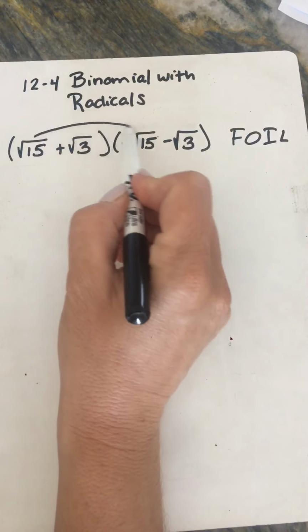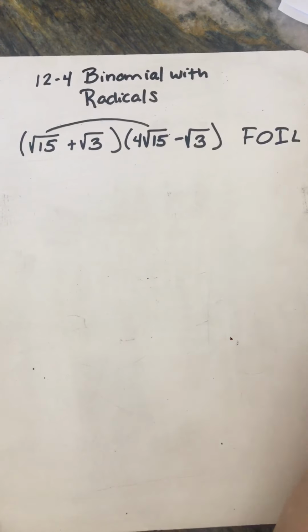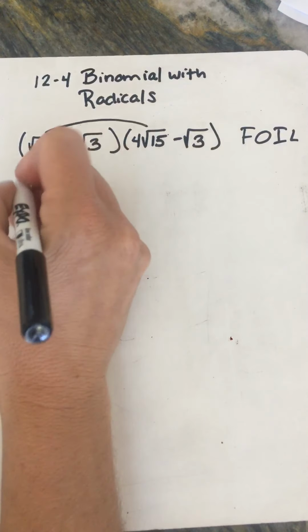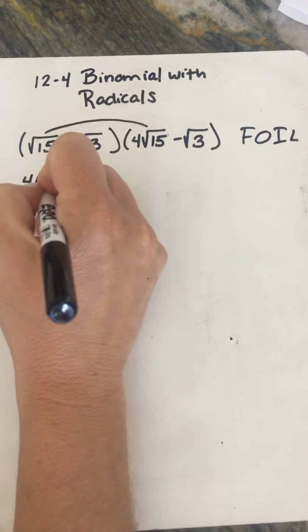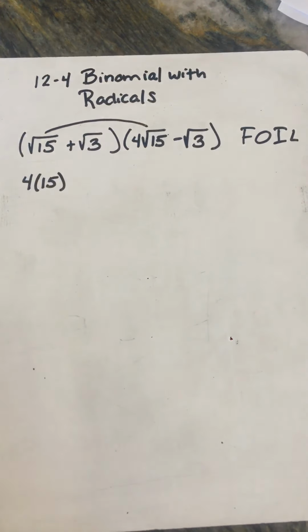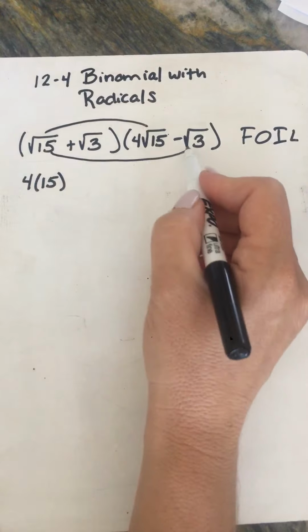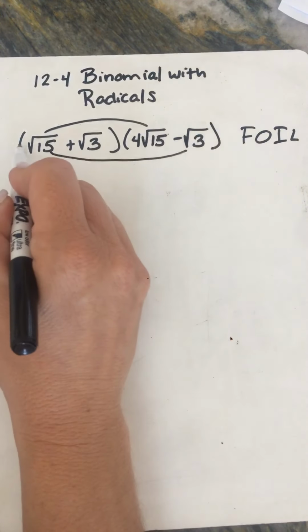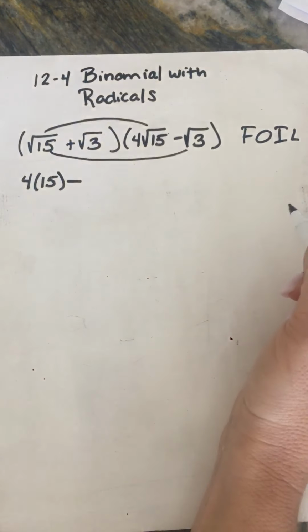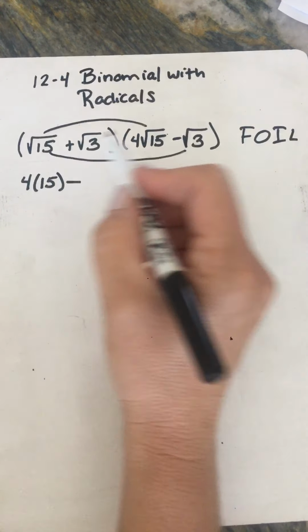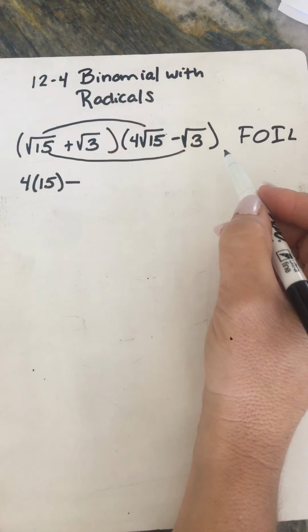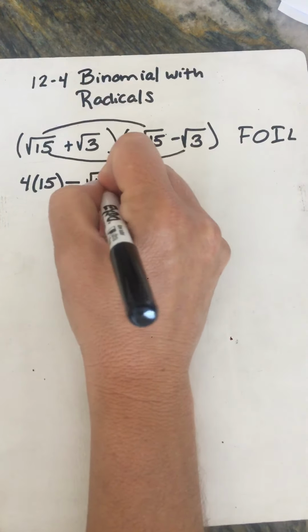So here we go. Square root of 15 times 4 square root of 15 will be 4 times just 15, right? Square root of 15 times square root of 15 is just 15. All right, let's do the outers. Square root of 15 times square root of 3, and it's a positive times a negative, so it's going to be a negative. And then 15 and 3 is 45, so that'll be square root 45.